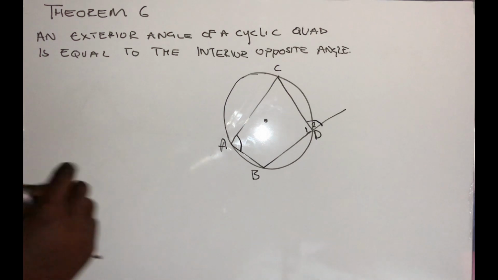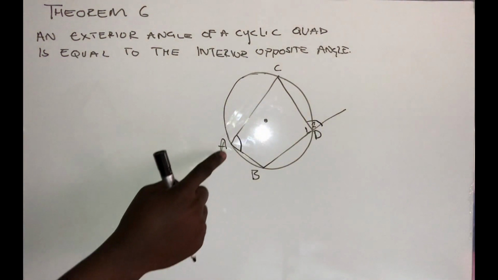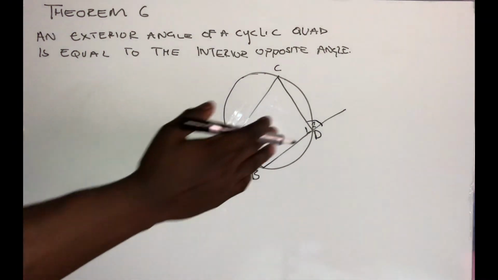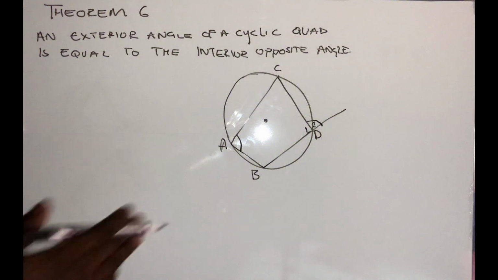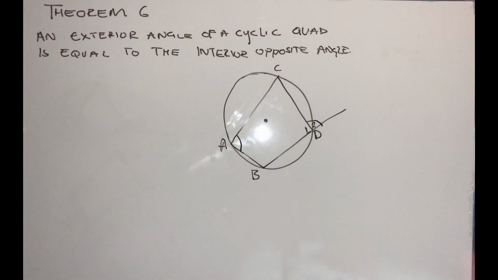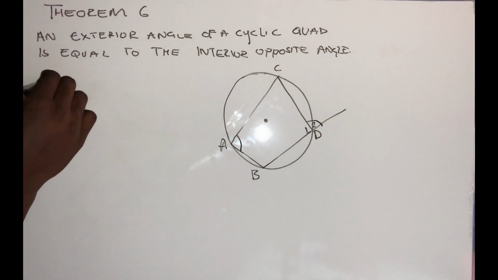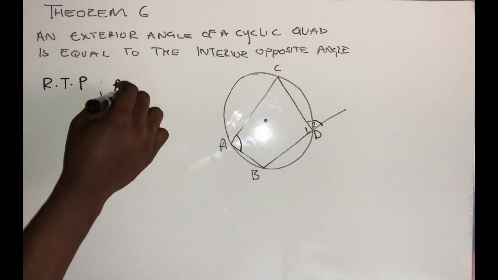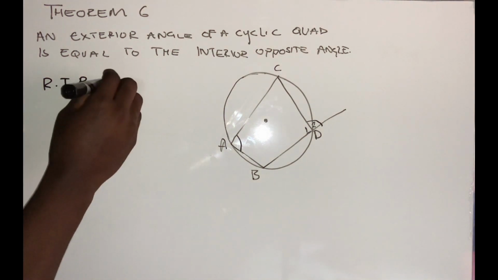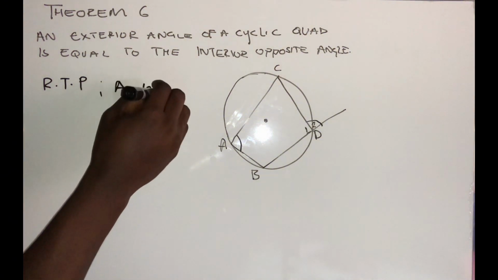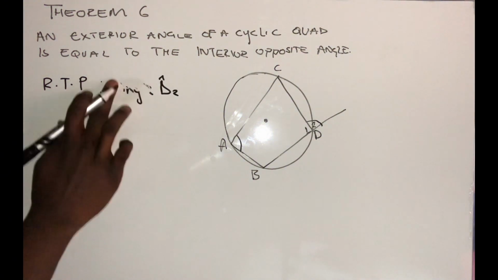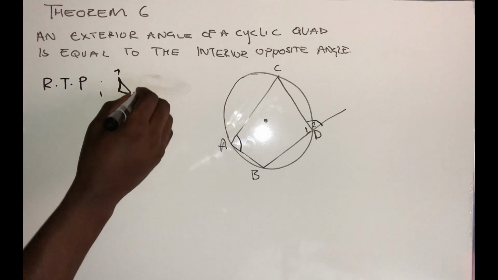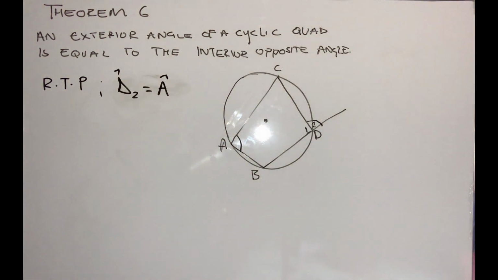So this theorem states that angle D2 is equal to angle A. So we have to prove that angle D2 is equal to angle A. What we are required to prove is that angle D2, you can just put the cap on top of the D, equals the whole of angle A.